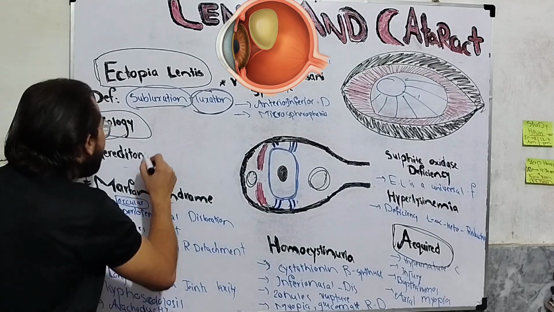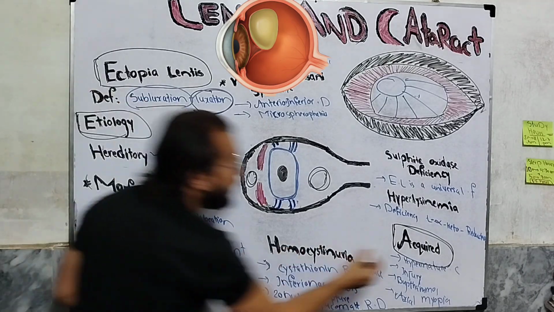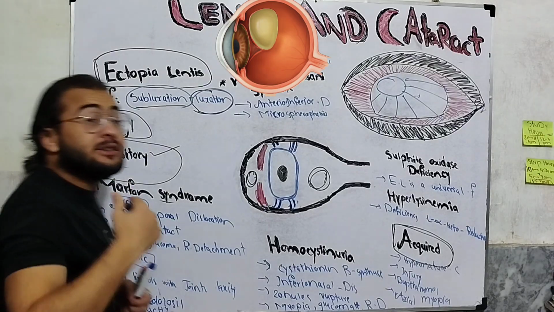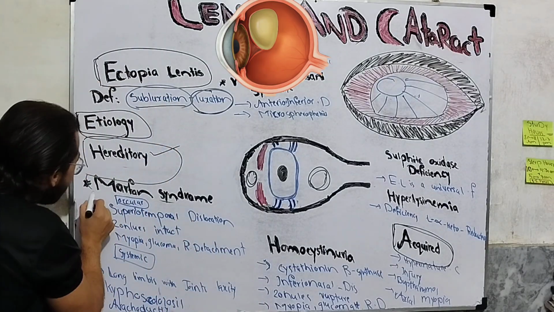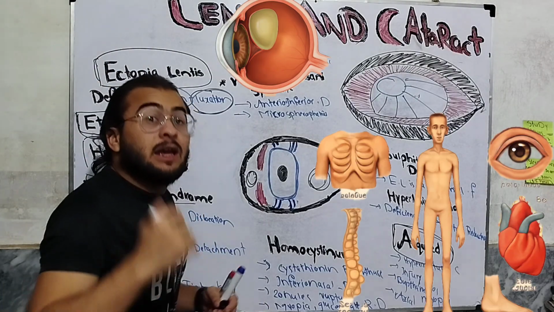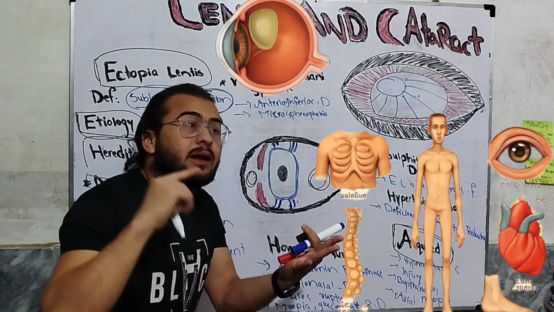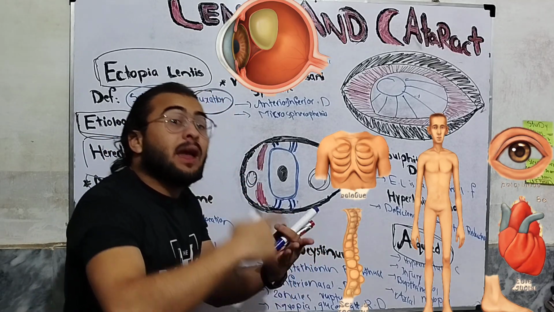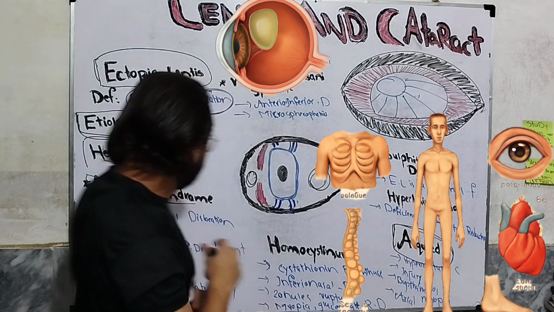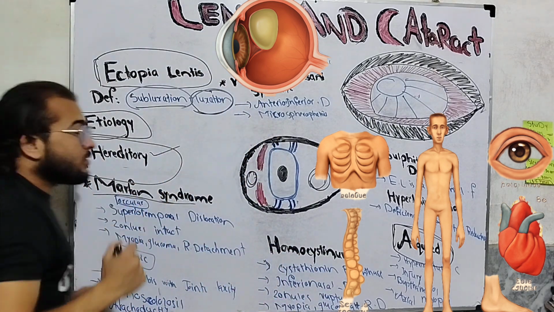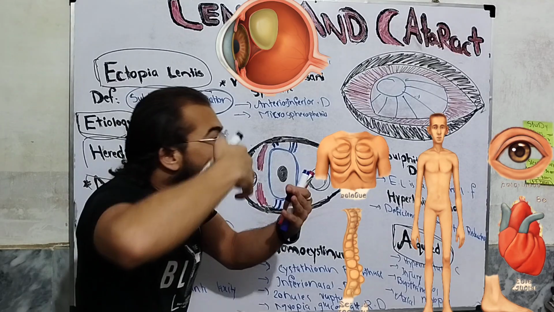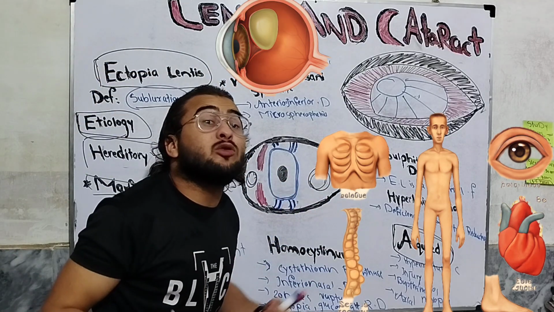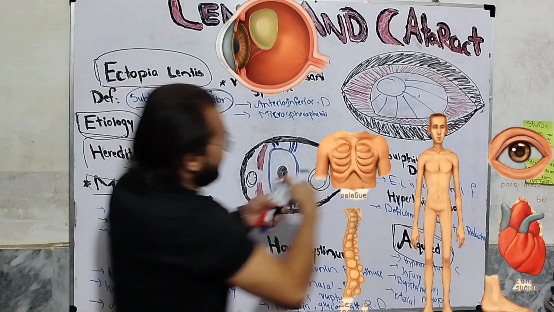So why is the lens dislocating? Etiologies. It can be due to hereditary conditions and acquired conditions. We have multiple hereditary pathologies, and the first one is Marfan syndrome. Marfan syndrome is a hereditary condition in which there are ocular, systemic, and cardiac abnormalities. The ocular features of Marfan syndrome are partial dislocation, superior temporal partial dislocation of the lens.